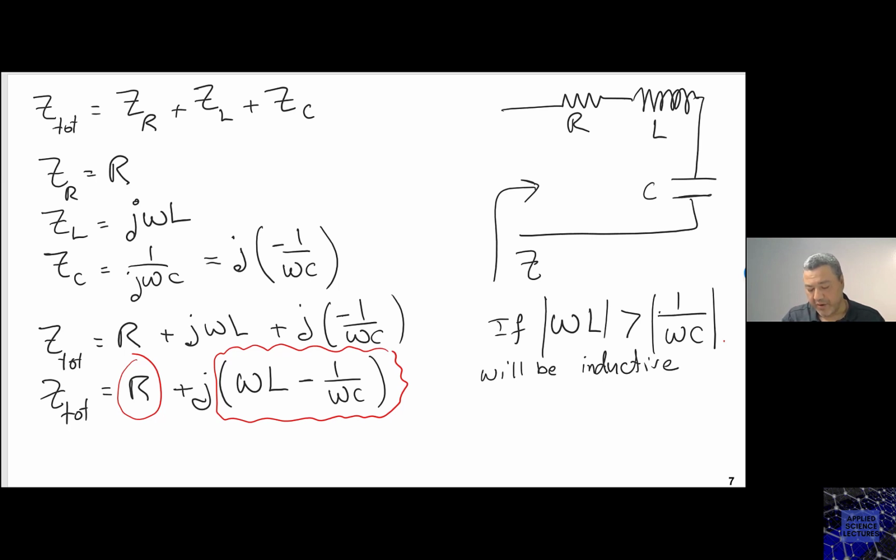The reactance would be positive. Now, if omega L is less, the reactive part would be capacitive.